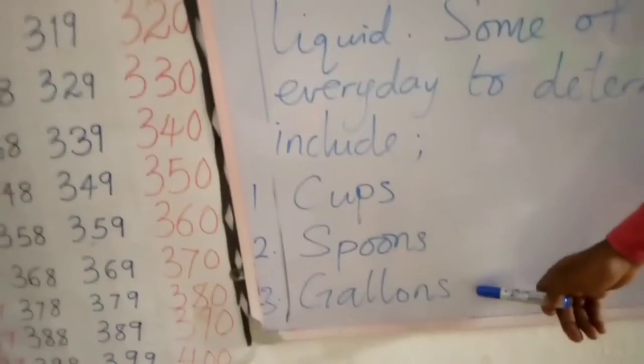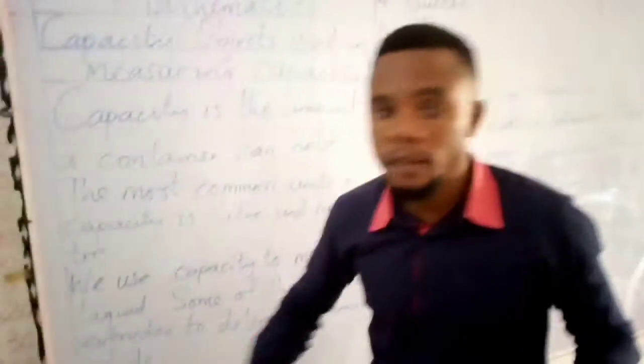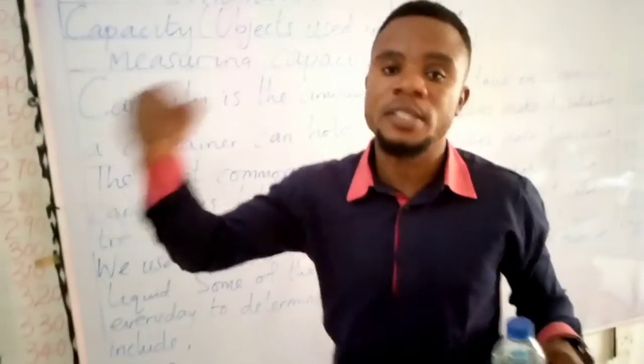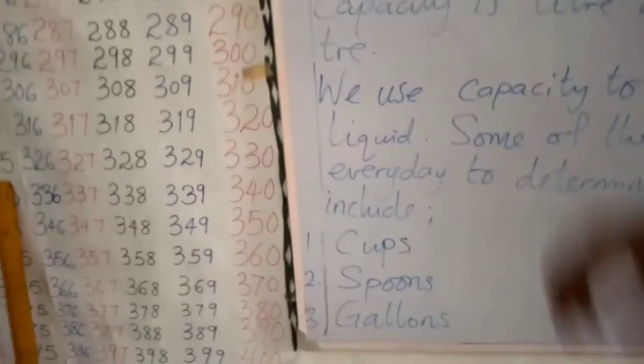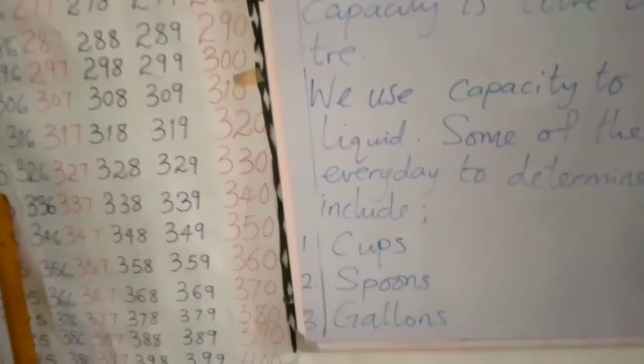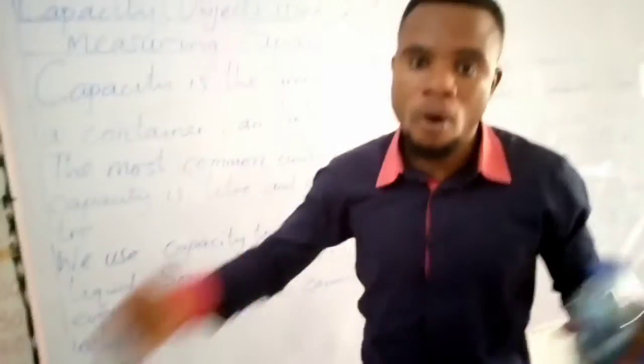Number three is gallons. Sometimes you see your dad taking a jerry can or a gallon to get fuel from the filling station. That is an example of a gallon. You can put other forms of liquid inside too, maybe your water. You fetch water with your gallon, you take it home, you use it for other domestic chores.